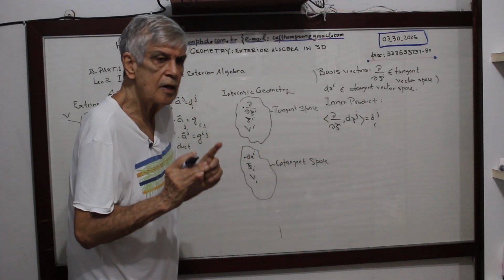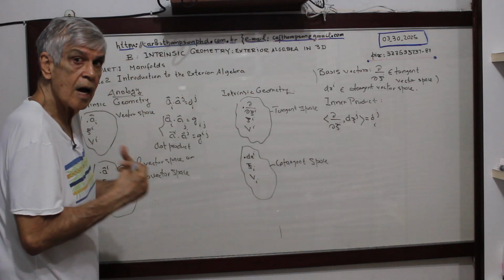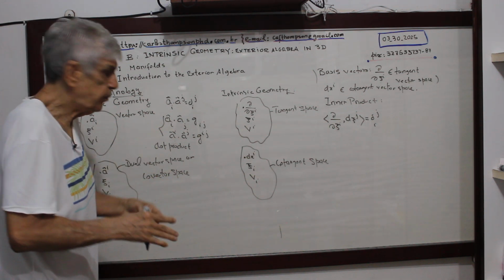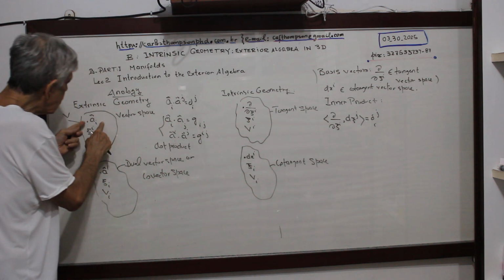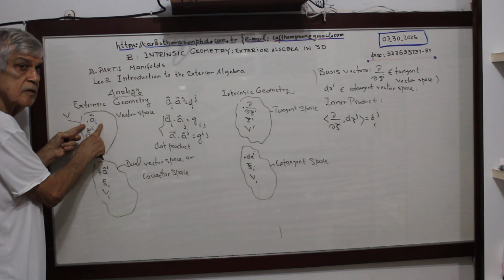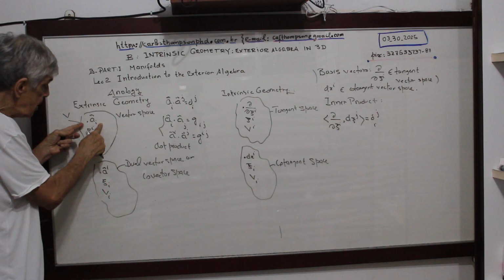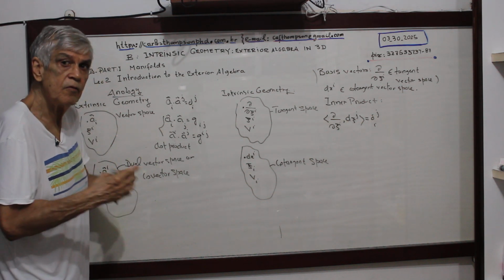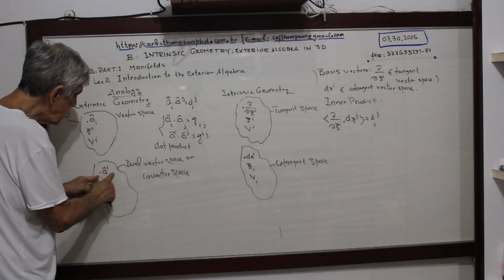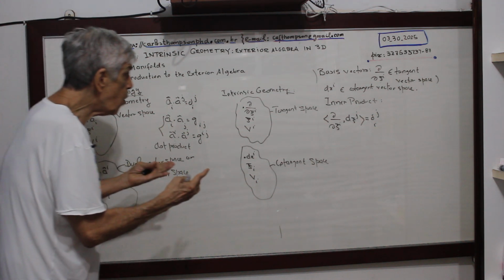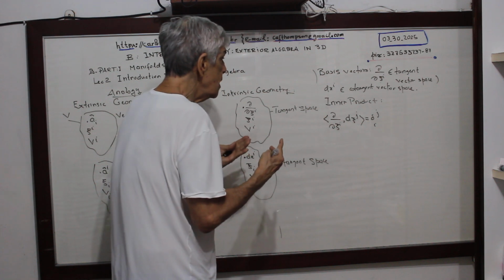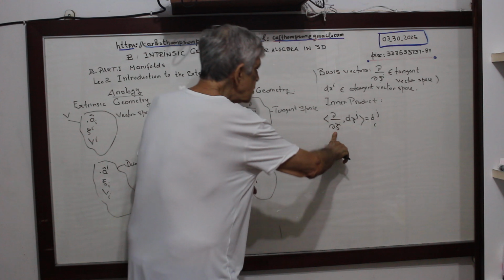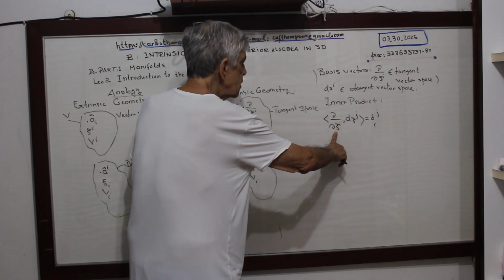Attention now. I can express any vector here as a linear combination of this basis here, okay? Like this one, I can express any vector as a linear combination of this. Likewise, I can express any vector as a linear combination of this over here, okay?